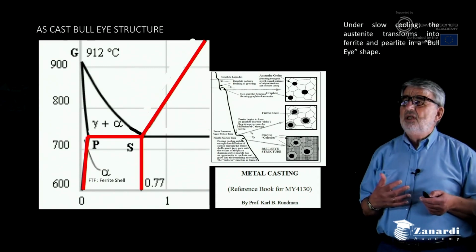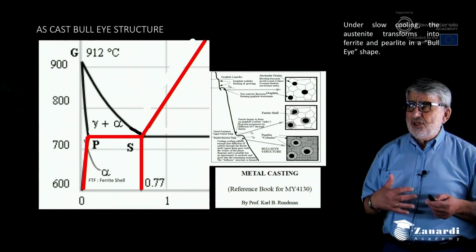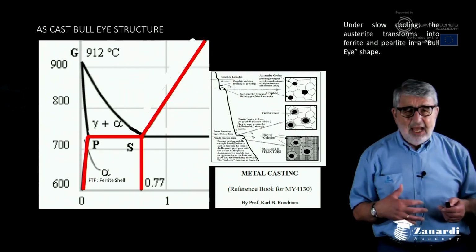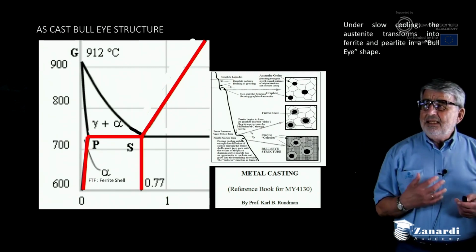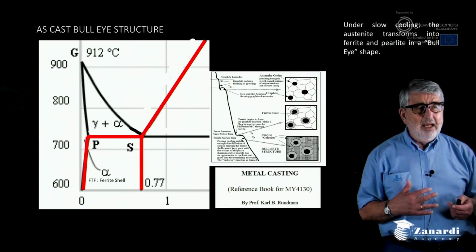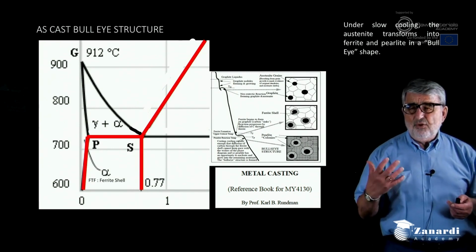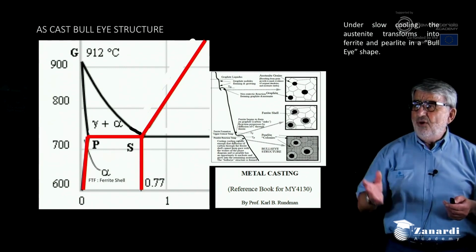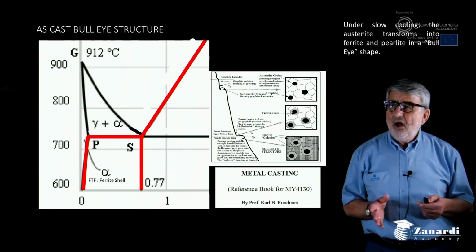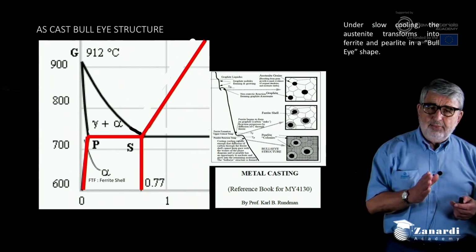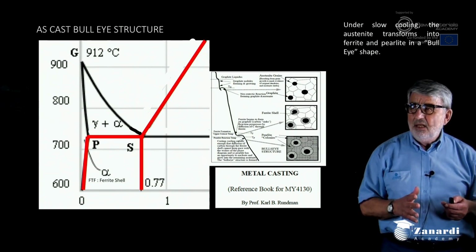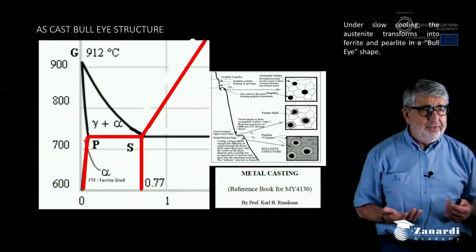When we arrive at the eutectoid temperature, the temperature stops until all the solid to solid reaction has been completed. And it is typically made by transforming austenite into ferrite at the vertical line on the left, or in perlite, that is the vertical line on the right, or a combination of both.